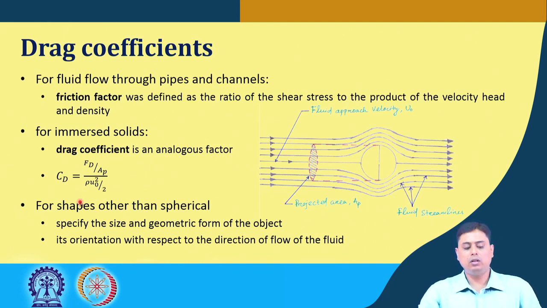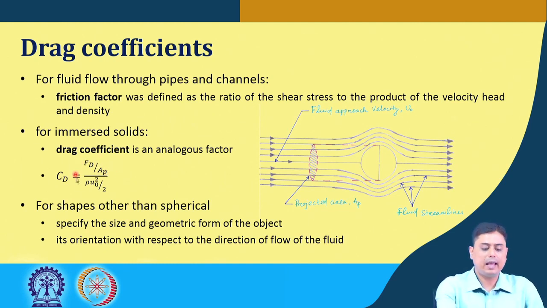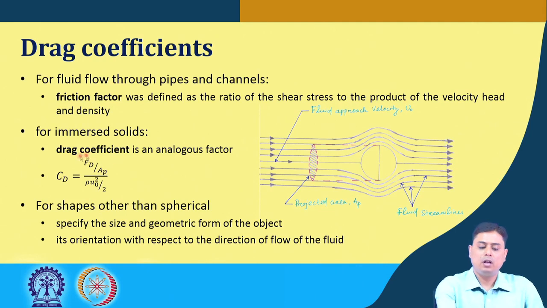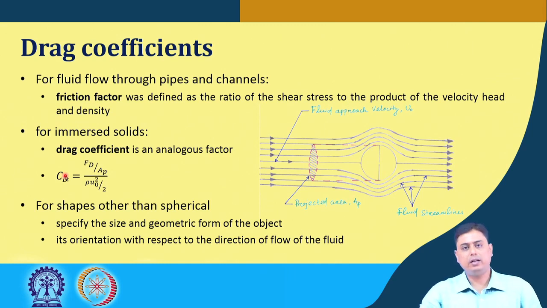Now based on the shape of the particle, this factor is calculated with the help of different shape factors, because FD and AP can easily be calculated for a well defined size particle, for example a sphere, where we can clearly calculate AP, estimate FD, and then get the CD values. But for shapes other than spherical, it is essential to identify which is the dominating or influencing length for this drag calculation.